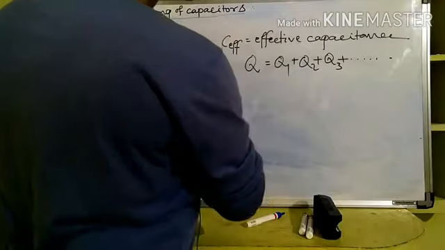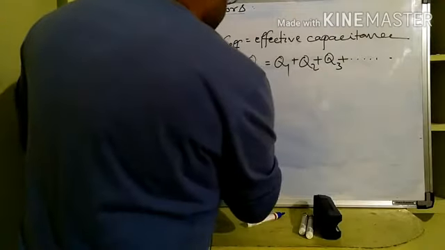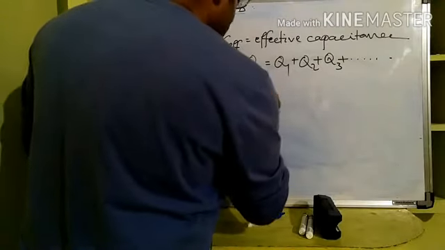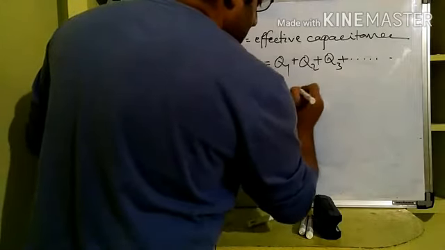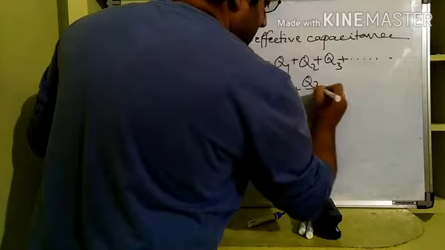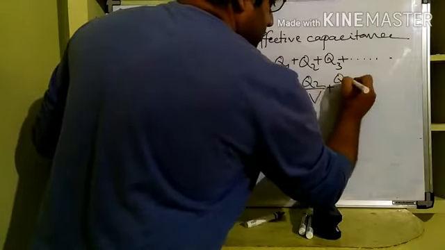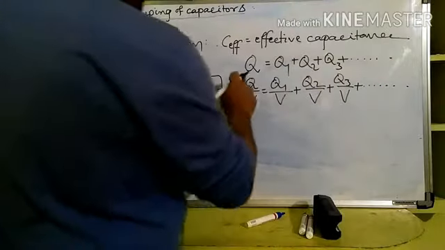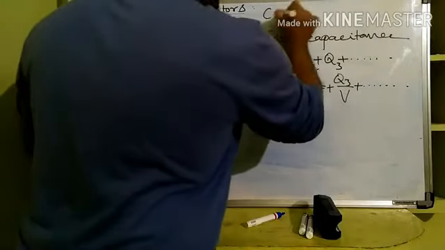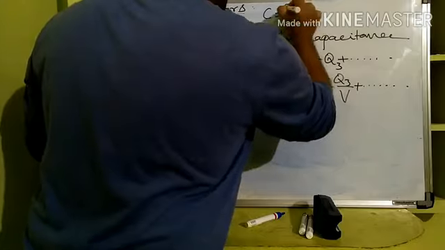Now if we divide throughout by V, the potential, it implies that Q by V is equal to Q1 by V plus Q2 by V plus Q3 by V, plus so on. Now what is Q by V? You remember C is equal to Q by V, we had found.